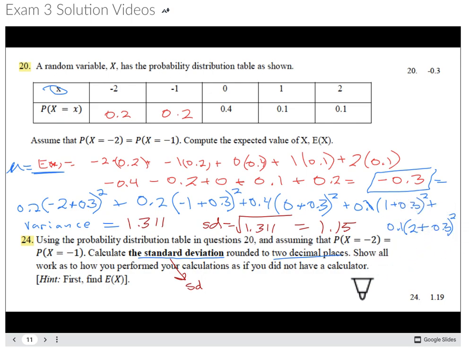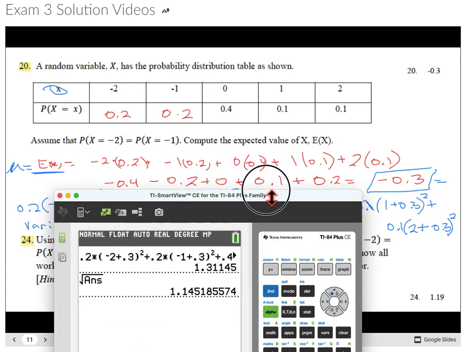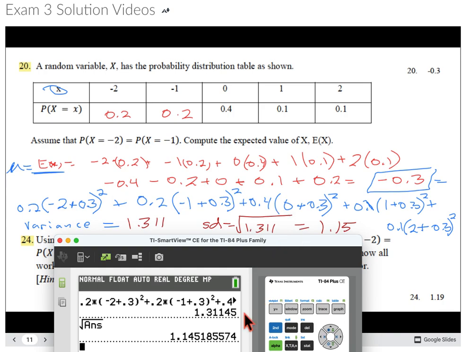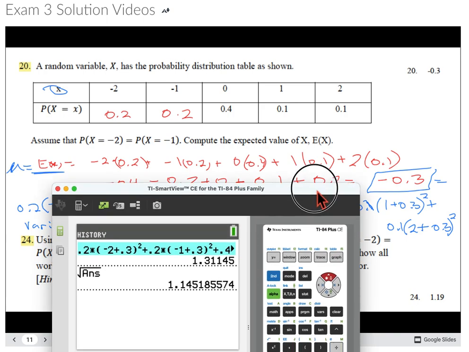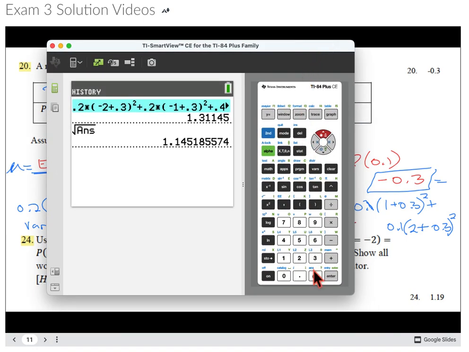Let me check my calculator. Find what I had entered wrong. Bring it down here. Let's see. Okay, that's good. 0.3 plus 2.